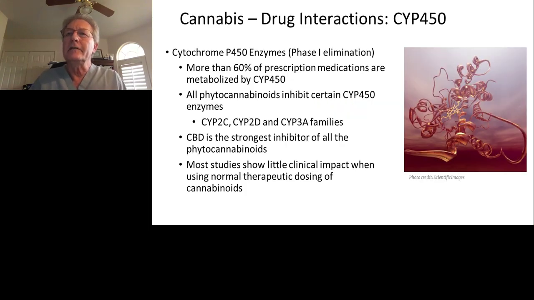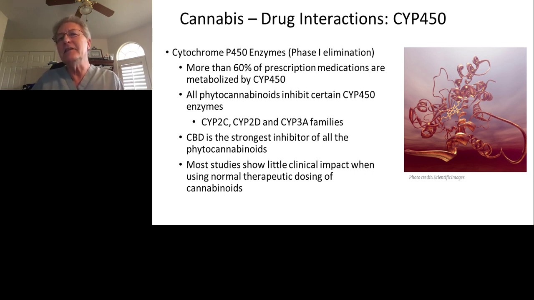Now, one of the things that are important to think about are drug interactions. Phytocannabinoids are drugs. They affect our system that way. And when we look at how those agents are metabolized, we look at phase 1 elimination, which is the first phase that our liver uses to break things down.